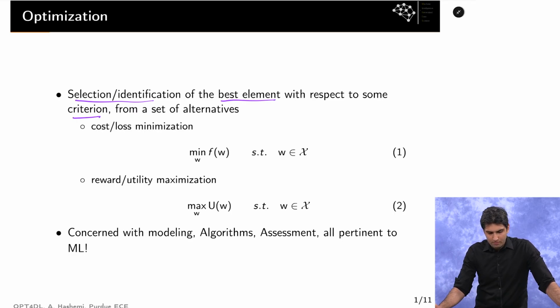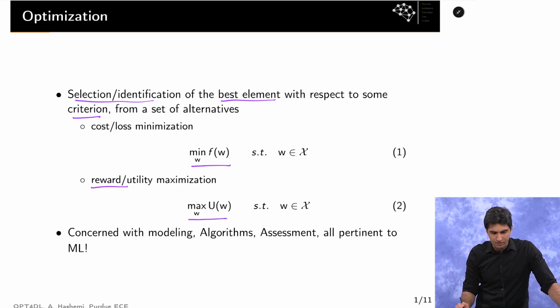Alternatively, you can talk about maximization, and these are equivalent in some sense. That means that if I give you a cost function, I can define its negative to be some reward function or utility function. So in a lot of applications, we are interested in maximizing some reward function or utility function. So instead of minimizing f, we're going to maximize u.